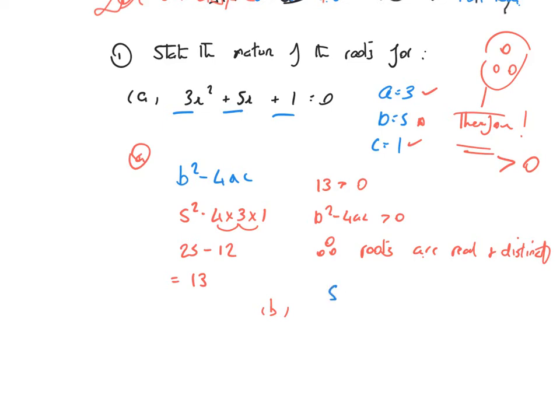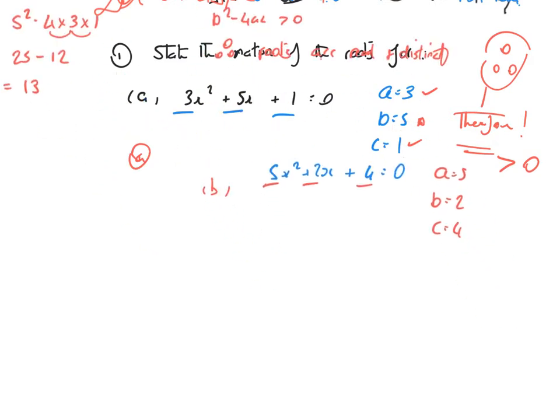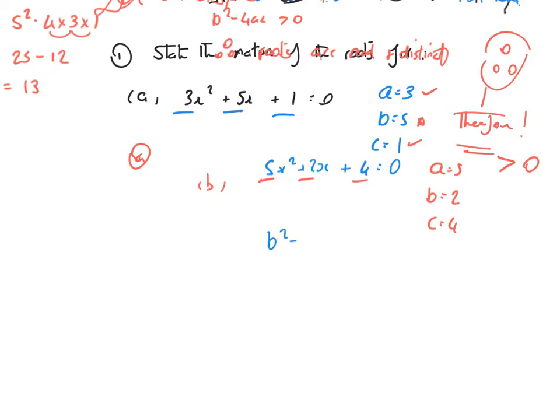Example B, we've got 5x squared plus 2x plus 4 equals 0. Okay, first move, identify A, B and C. A is 5, B is 2 and C is 4. Next move, it's going to be the discriminant. So b squared minus 4ac.